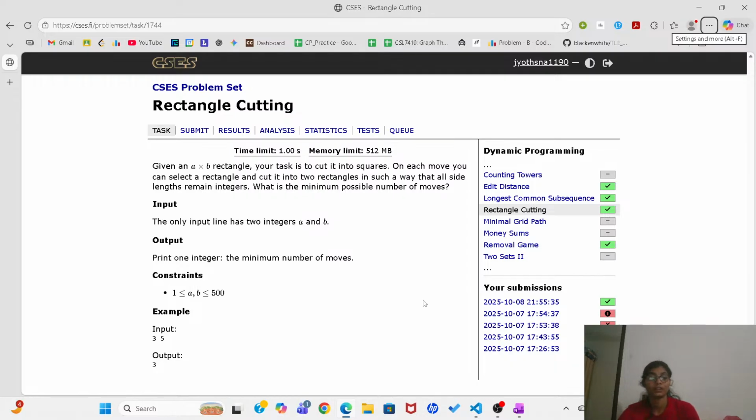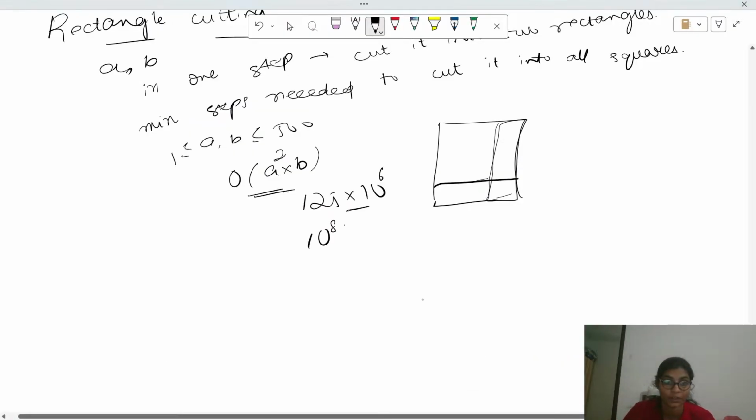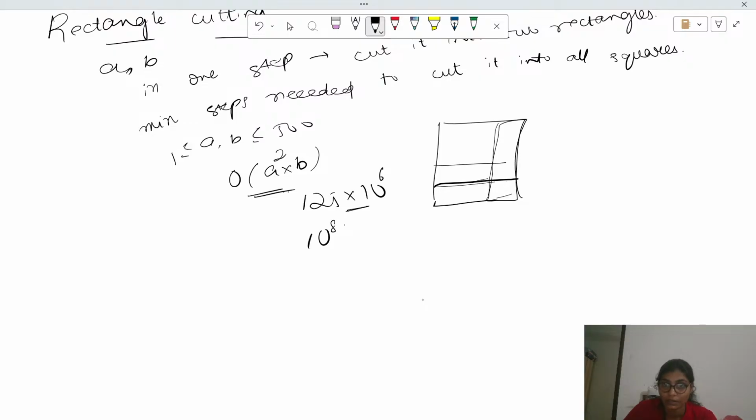We have to find the minimum number of cuts. We can either cut this part, this. We can cut it in any way, and similarly here also. We can do any number of cuts. I mean, we can cut anywhere.